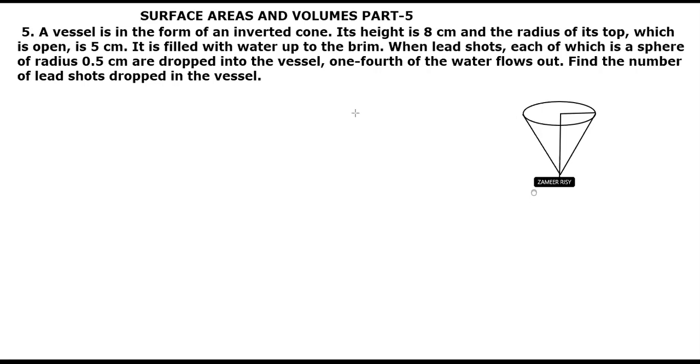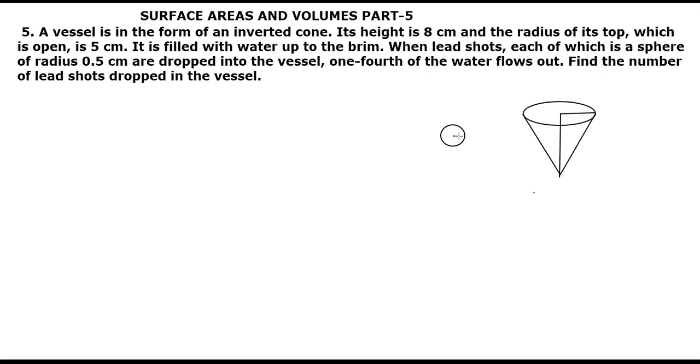It is filled with water up to the brim when lead shots, each of which is a sphere of radius... So small lead shots are given. Suppose one of them is a big lead shot, and its radius is also given.